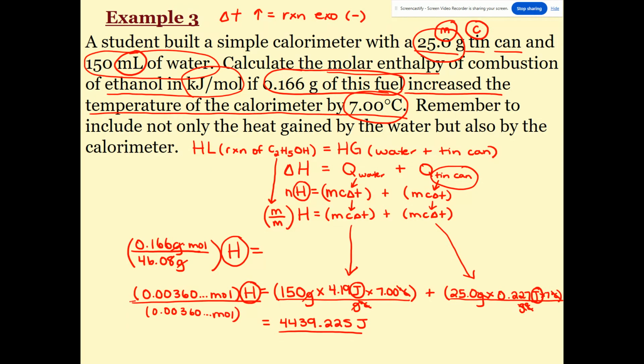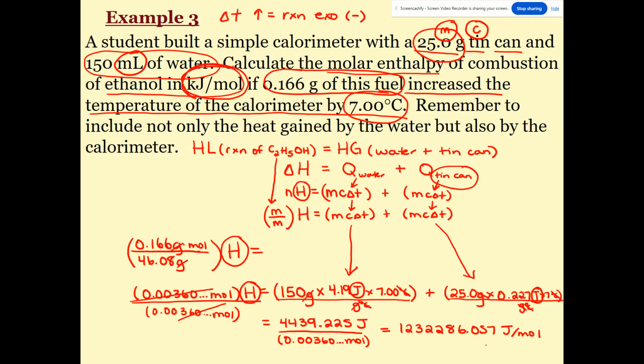Make sure you go up in your calculator and use that exact value, 0.00360, so on, moles. Okay? So I hit divide, I go back up to that exact mole value, and we get an answer of 1232286.057 joules per mole.